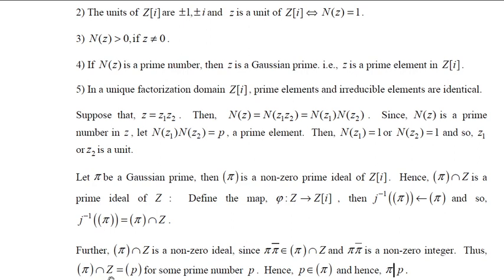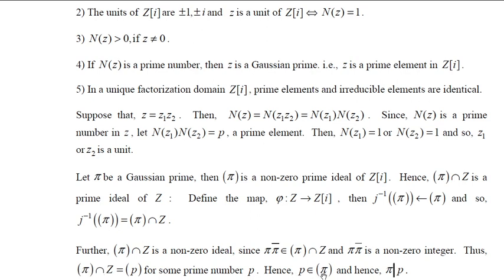So this has to be a prime ideal. Therefore, this is the principal ideal generated by p, where p is a prime number. The smallest ideal which contains p is the principal ideal p, therefore these two are equal. Therefore, p belongs to this. That p belongs to the intersection means p must be in both of them.